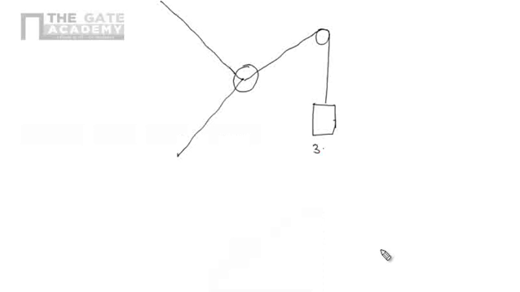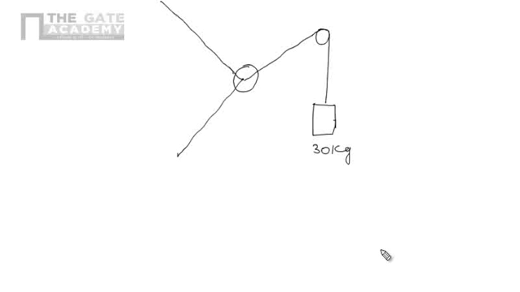Three cables are joined at a junction of ring C as shown in figure, and one cable is attached with the 30 kg mass as shown in figure.